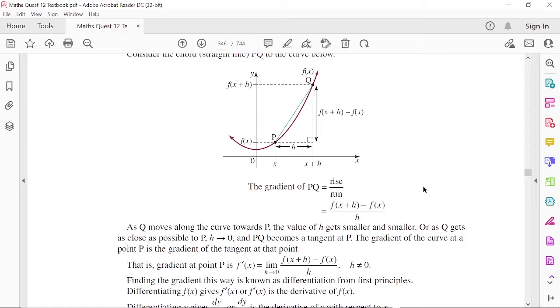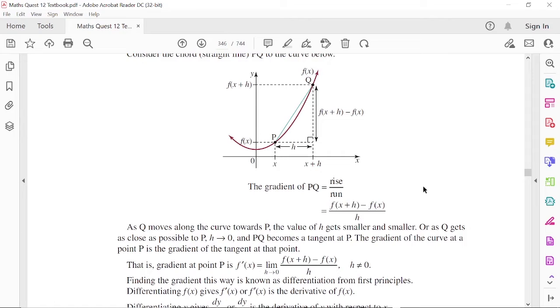The whole point of differentiating from first principles is we're thinking to ourselves, what happens as Q and P get closer together? So what we're looking to find is the limit of that gradient as our h value approaches 0, because that's essentially what we want. We want to know the instantaneous gradient, if you like, the instantaneous rate of change.